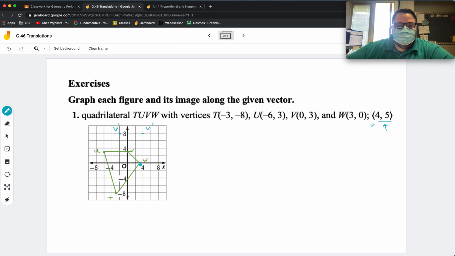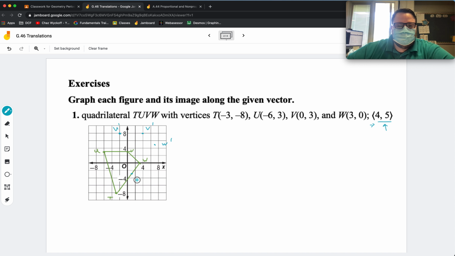Now let's do W. Right 4, which is 1, 2, 3, 4 in between 6 and 8, and then up 5, right here in the middle. That's W prime. And then lastly T prime: right 4, up 5, right here.